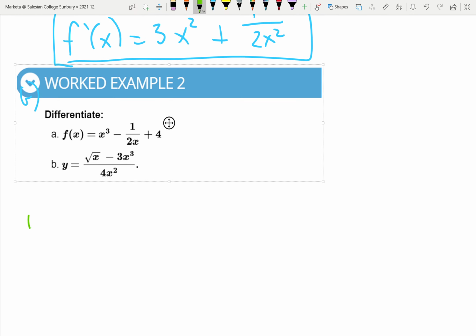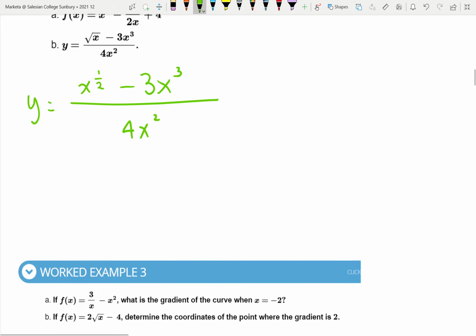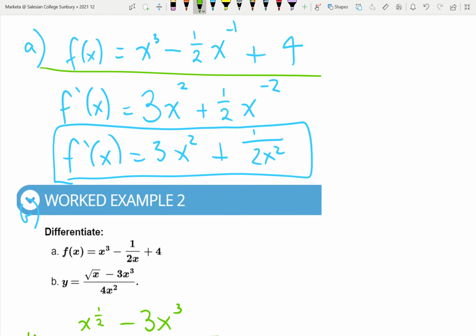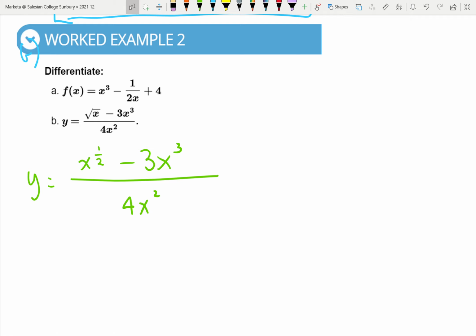Okay, so y equals, this is x to the half minus 3x cubed over 4x squared. Now, later on we learn the quotient rule, and some people would use the quotient rule for this, but that would be a silly idea even once you know the quotient rule, because you can break this down far more easily, and it's really quite straightforward to differentiate when you've got one line rather than use a special rule.